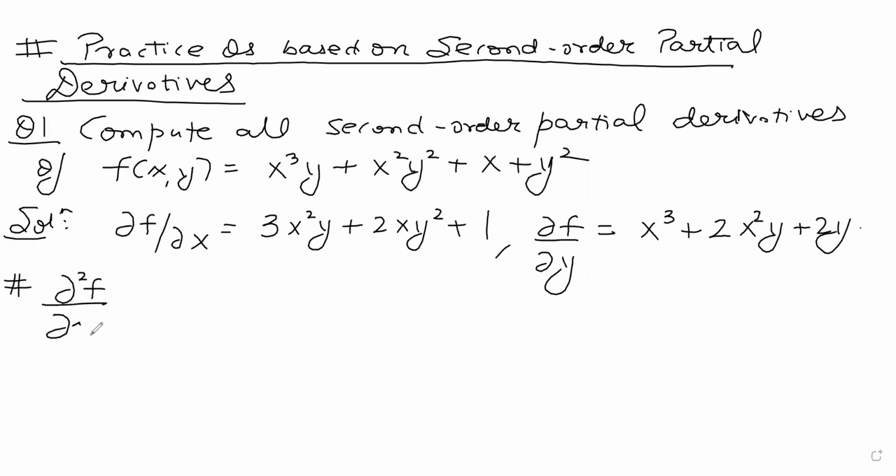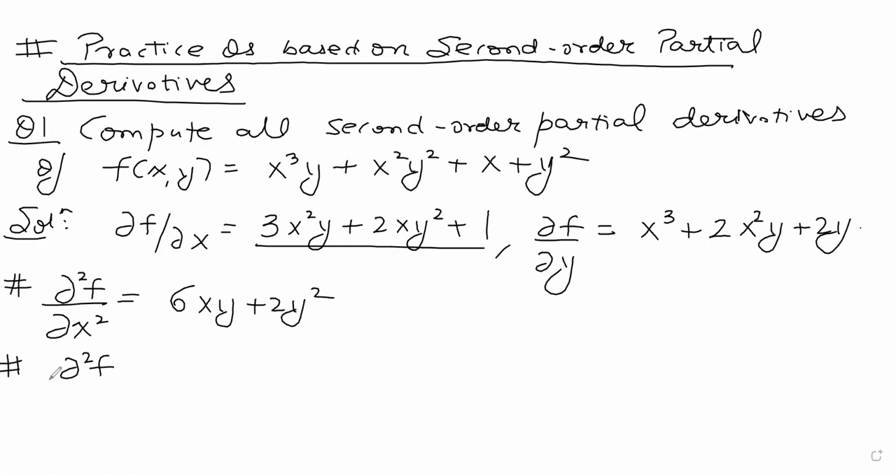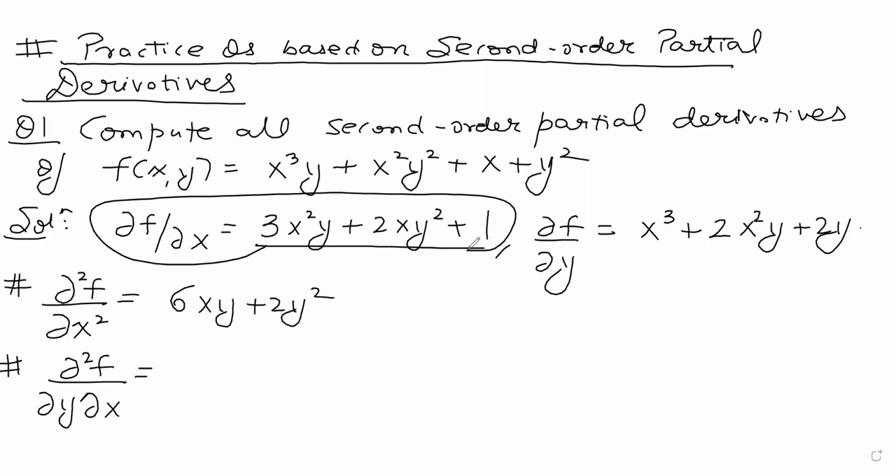Del square f by del x square will be: differentiate del f by del x again with respect to x, 6xy plus 2y square. Then del square f by del y del x will be: differentiate del f by del x but with respect to y. You get 3x square plus 4xy.